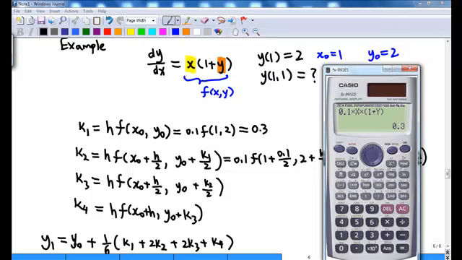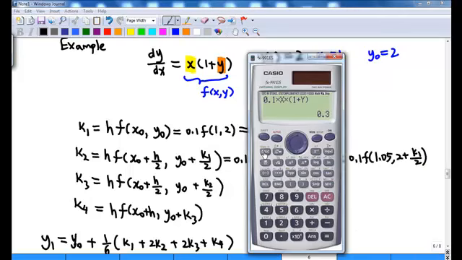I have a function there. So I press calculate, and this time what is the x? It's 1.05, equal. What's the y? It is 2 plus K1 over 2. K1 was the answer given earlier, so I can press answer for K1 divided by 2.